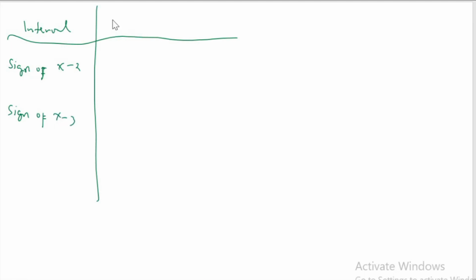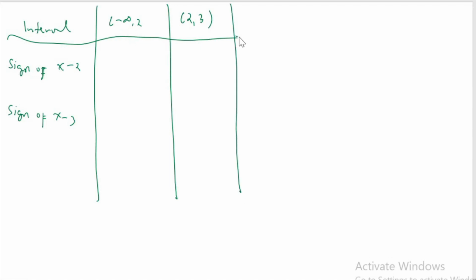So we have here the first interval, negative infinity to 2, and the second interval is from 2 to 3, and the third interval is from 3 to positive infinity.